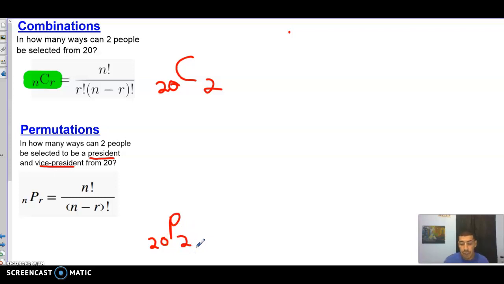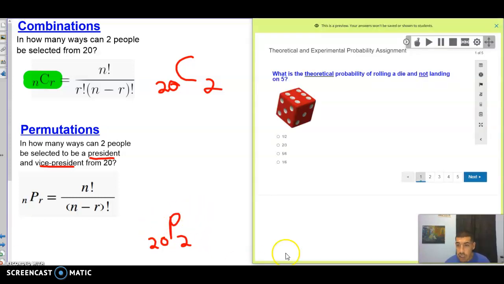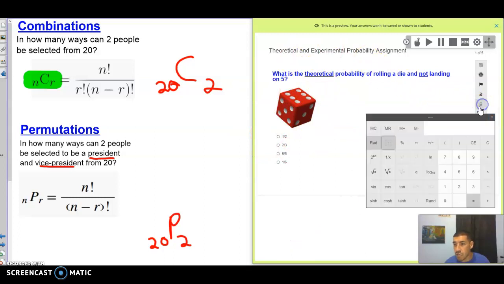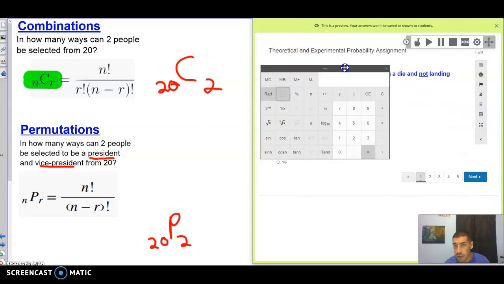So now, let me go ahead and go to Schoology. Ignore this problem because I simply want to use the calculator on the right side. In fact, let me cover it up. So what you would do for the very first problem is put 20, and then you see right here, that's the symbol for combination.